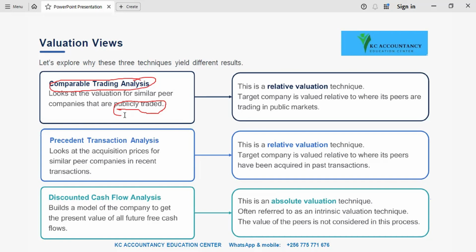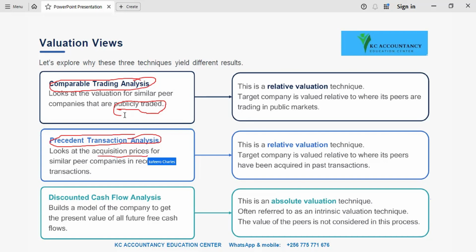Now, for precedent transaction analysis, this is similar in that it does a comparison to peer companies. But instead of looking at where they are trading, it's looking at the past acquisition prices for those companies.